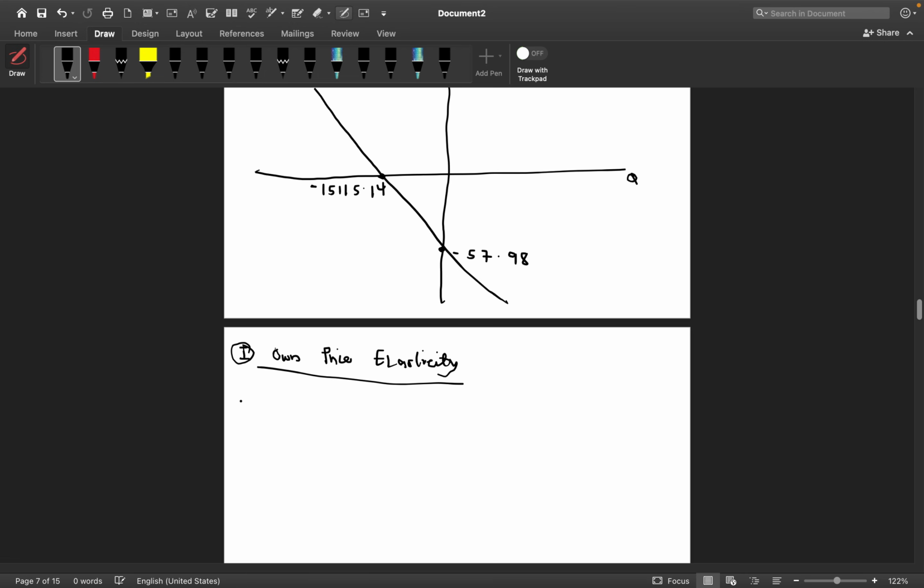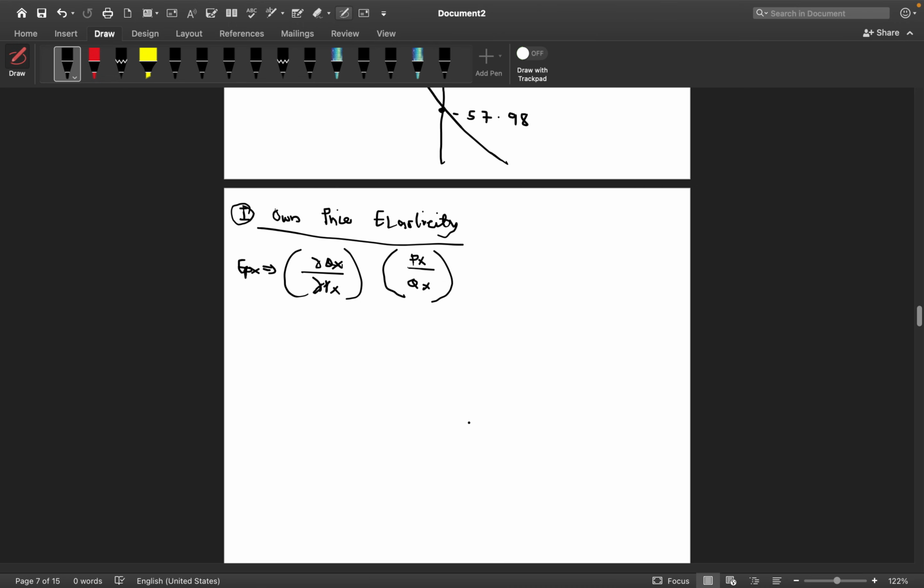So on price elasticity, we have EPX. We will find the derivative of QS with respect to PX times PX over QS.